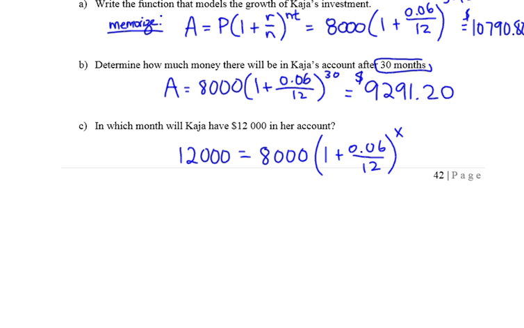Since it's monthly, that will give us the number of months. So the first step is what Andrew said: we want to get the base by itself, just like how we get the log by itself. So get rid of the 8,000 by dividing by 8,000.